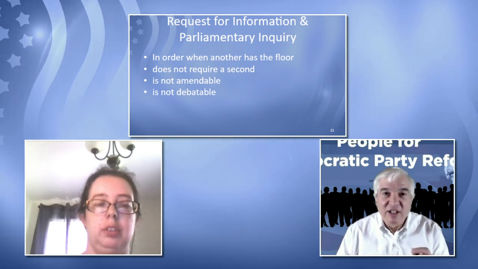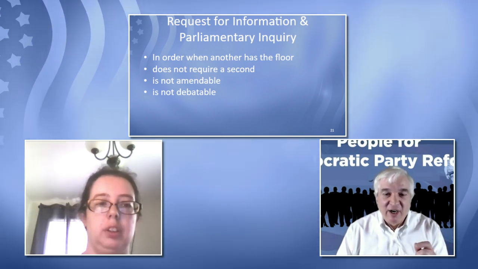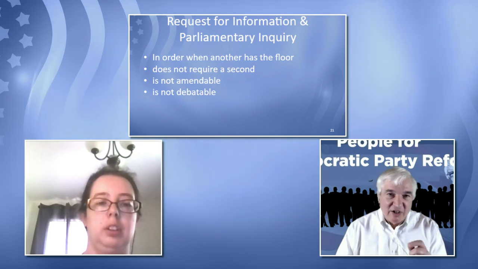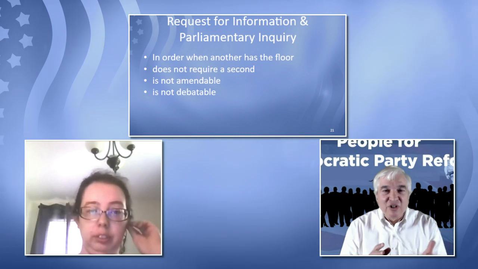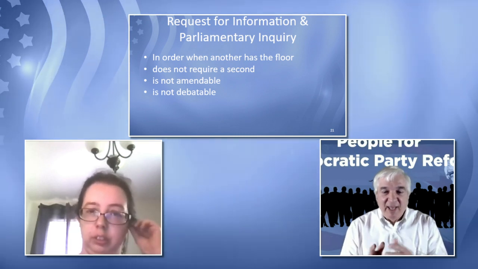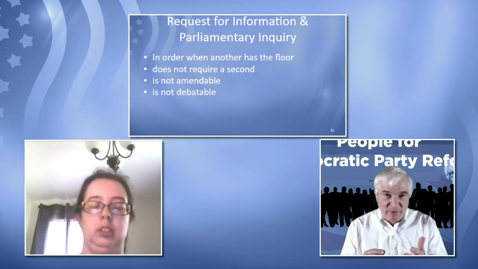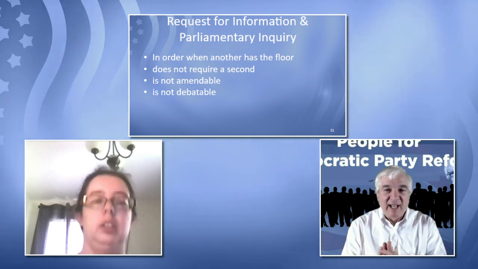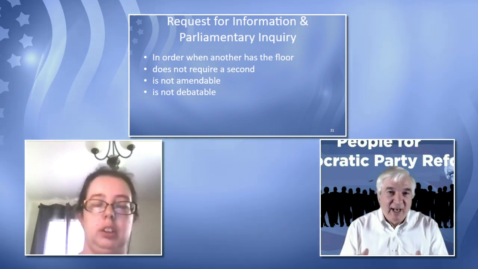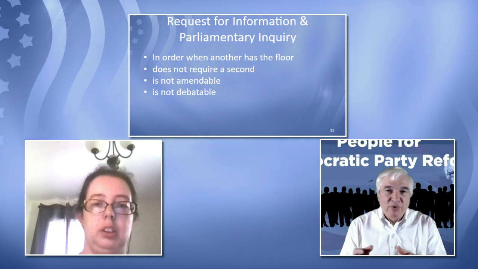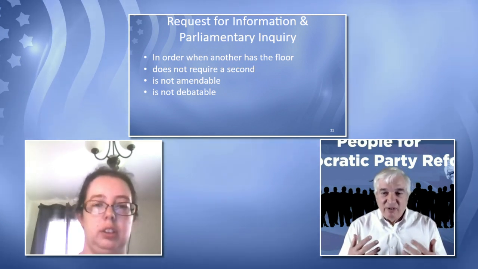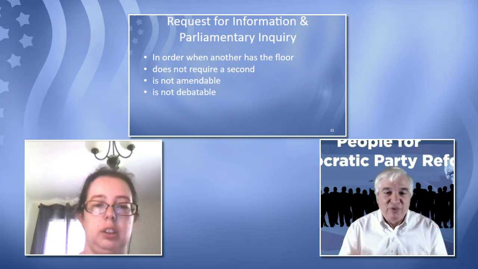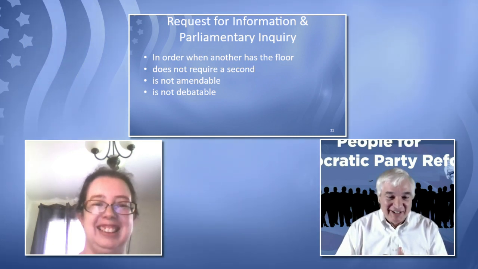We do have notes on some of the slides where it says RONR and then a page number. RONR stands for Robert's Rules of Order, Newly Revised, and that's the current edition, which is the 11th edition. Often we have the page number set out, so you can go get a copy of Robert's Rules of Order and look up the details of anything that we're talking about, because no one has the patience for us to go into great detail on these things.